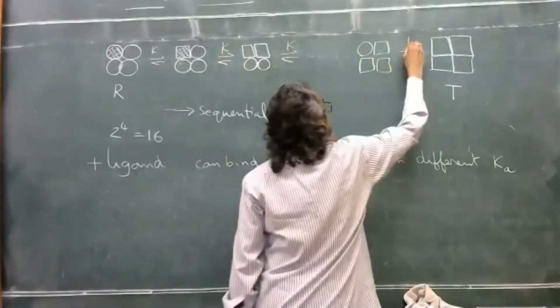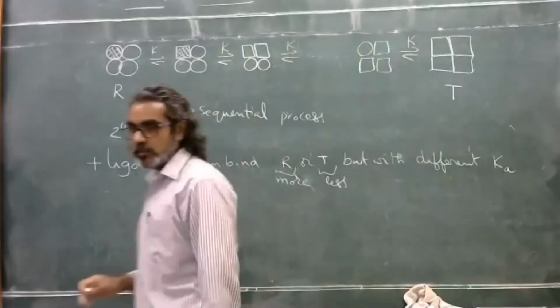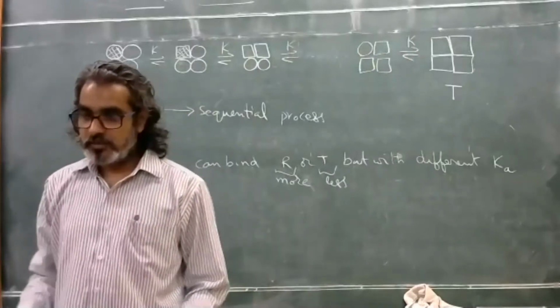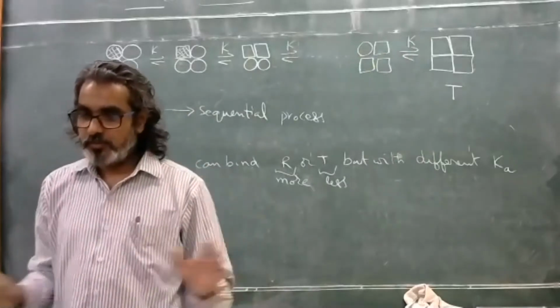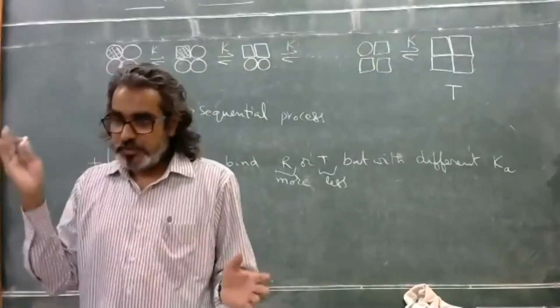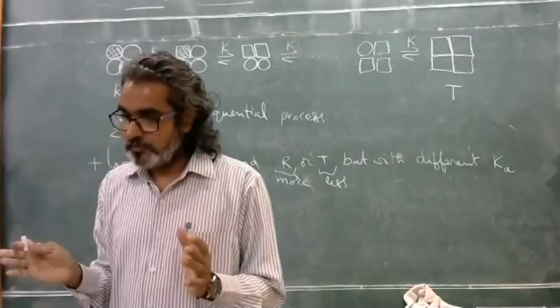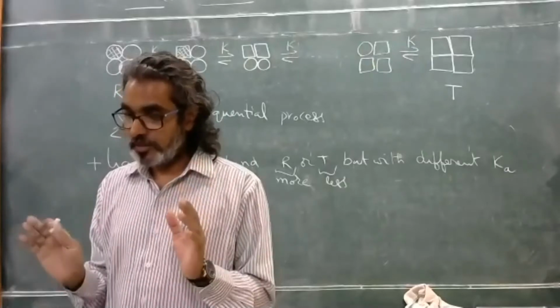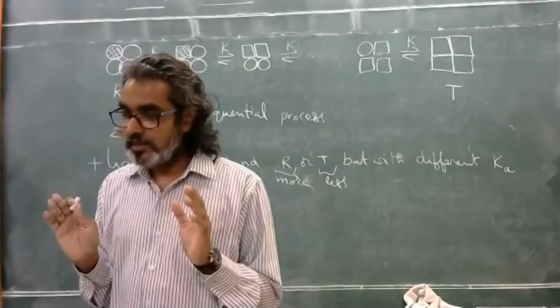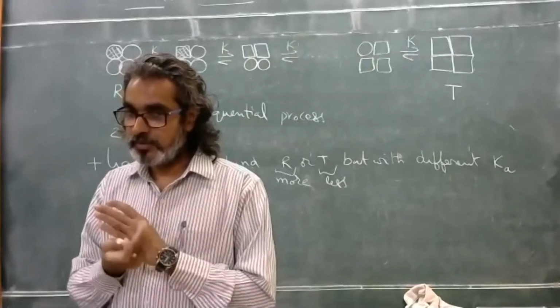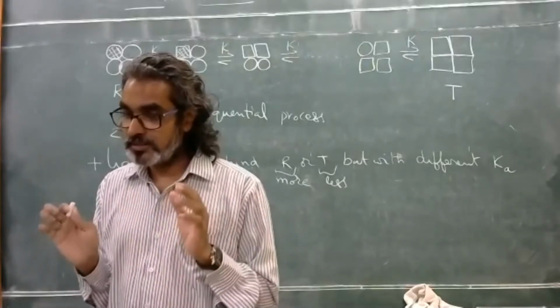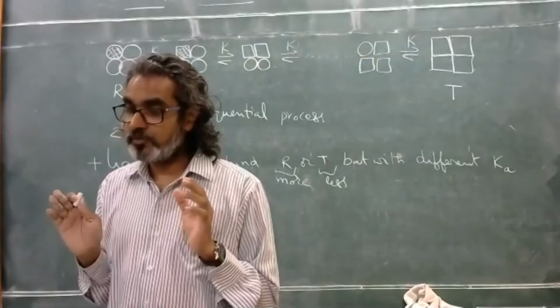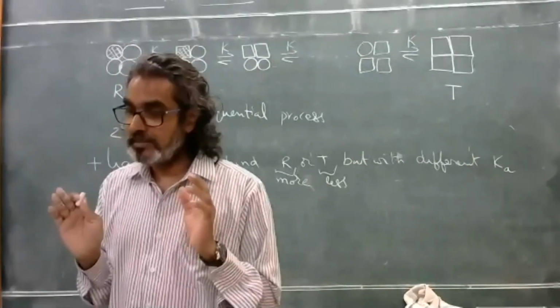The picture simply assumes that all K's are identical. If all K's are identical, then you have all states possible, 25 possible states for hemoglobin. But in reality, you don't have all 25 states existing together, but some are preferred much more than the others.